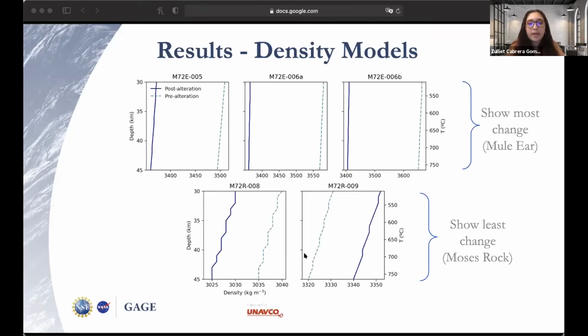Looking at the density scale, we can see that all post-alterations are less dense than their pre-alteration. The top row shows the most change in density, which can be seen due to how far apart the pre-alteration and post-alteration lines are, while the bottom row shows the least change in density, which can be seen by how close they are.